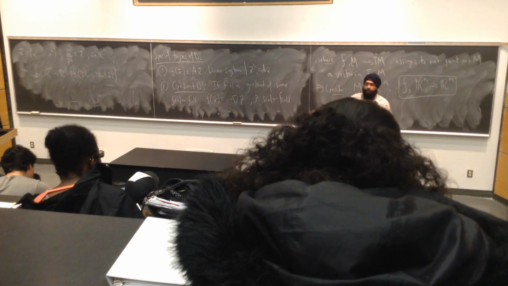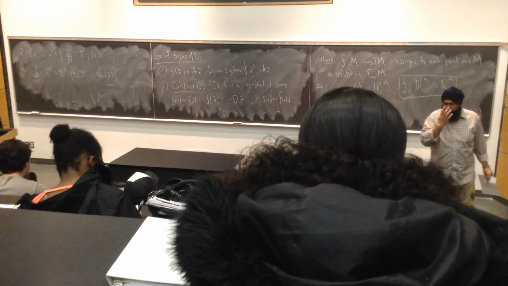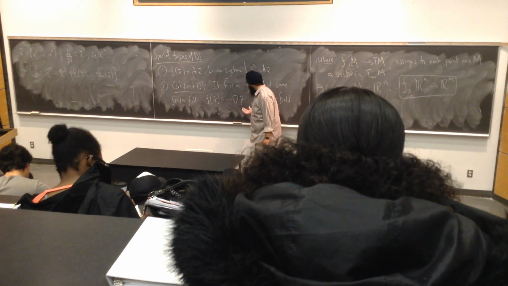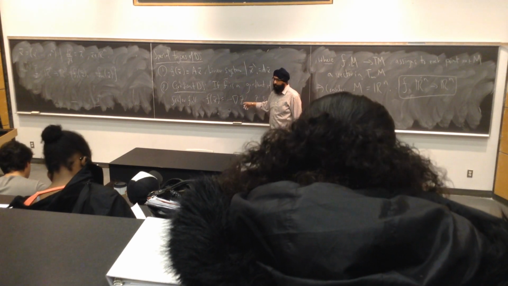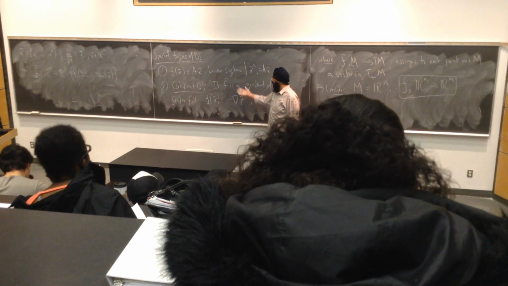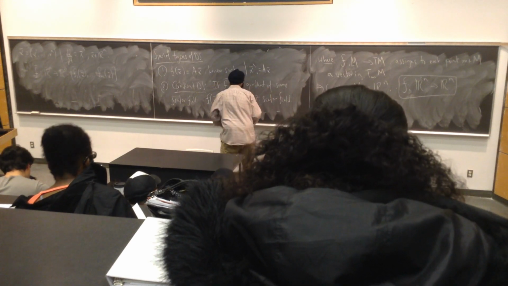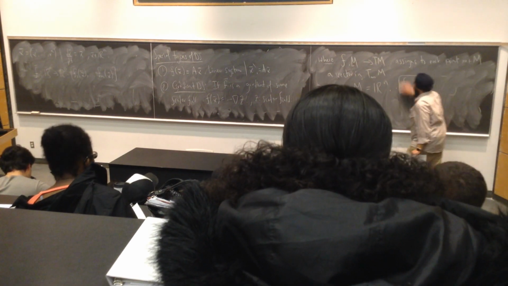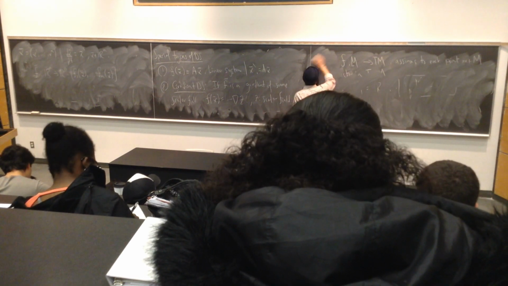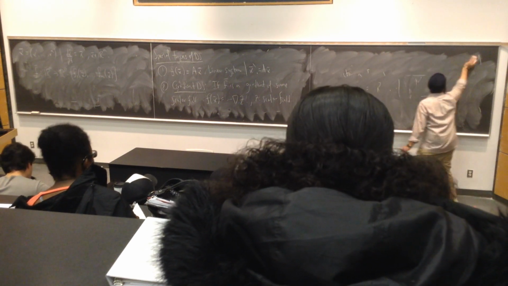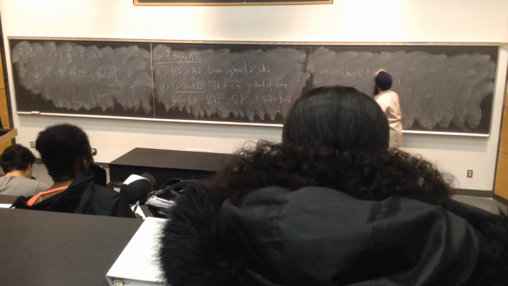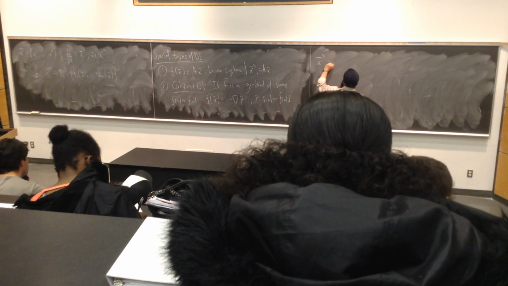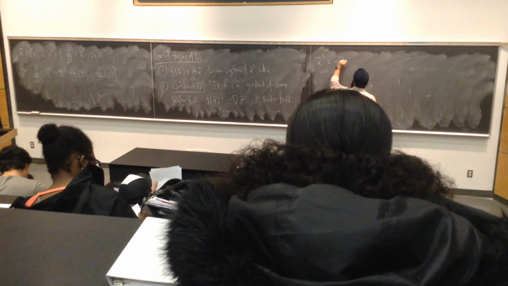You've seen this in your multivariable calculus. If you have some special f that's written like this, the gradient of a scalar field, this is a special type of dynamical system called a gradient system. So in this case, you just have x prime is equal to minus del z.